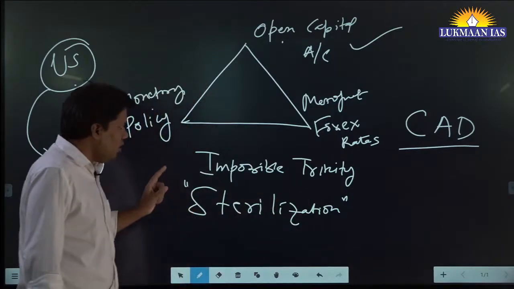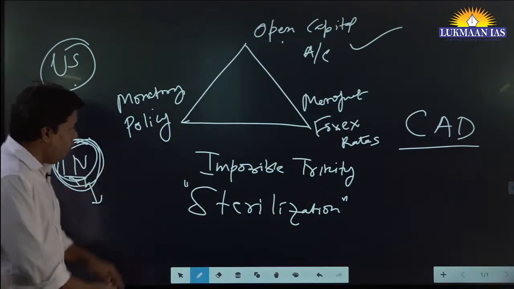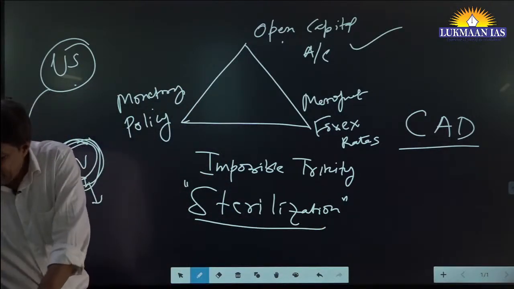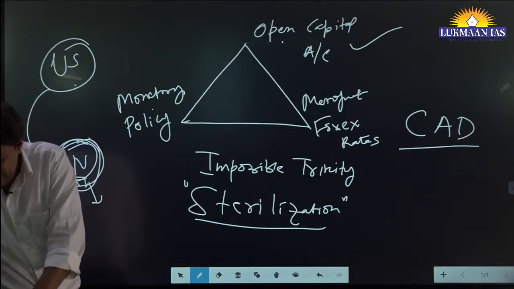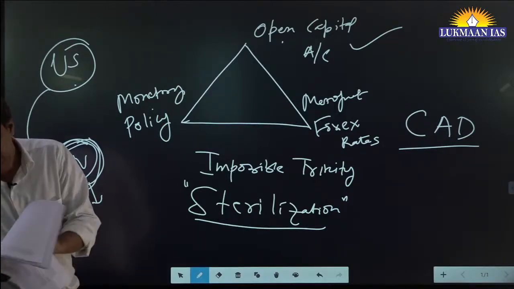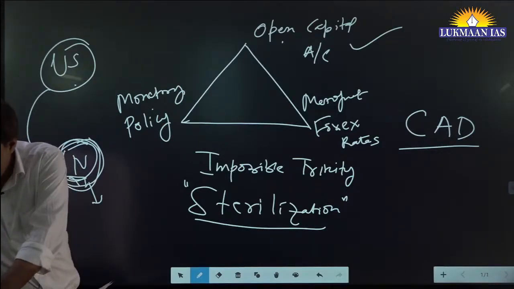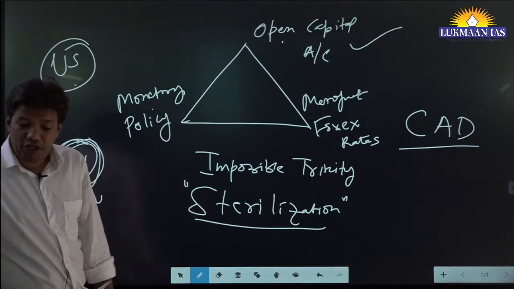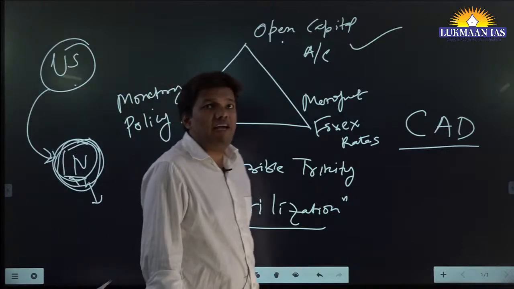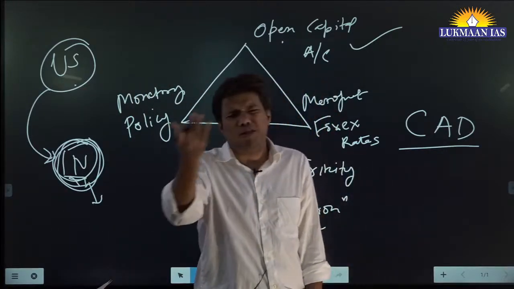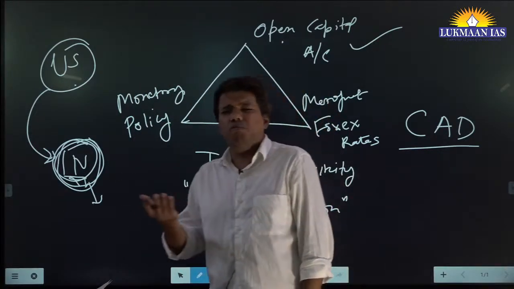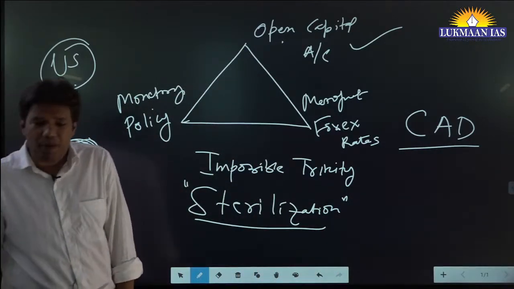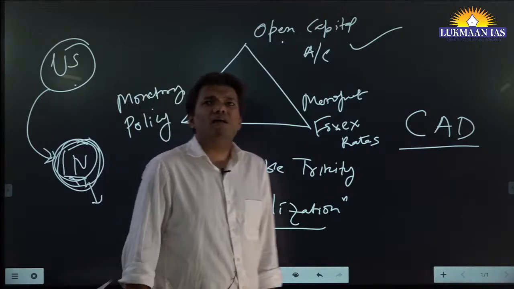Now UPSC asked a question in prelims this year. Let me see. Okay, yes, question number 24, Set A. The question was very simple: which of the following activities are part of sterilization by RBI?